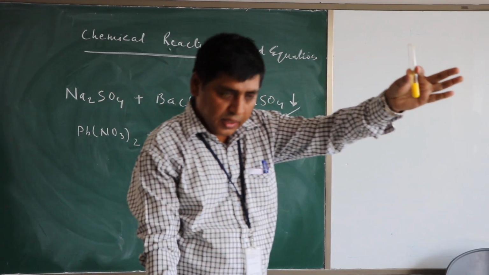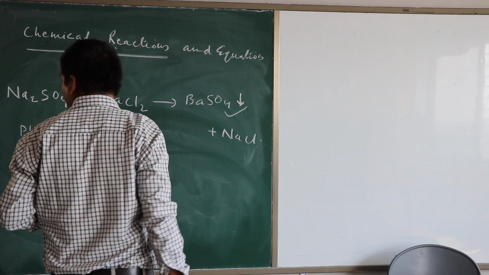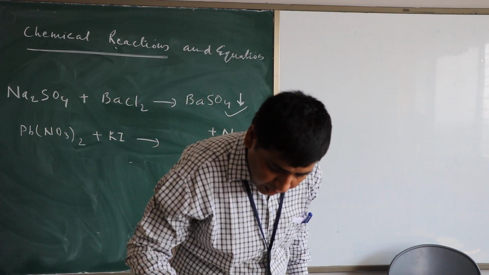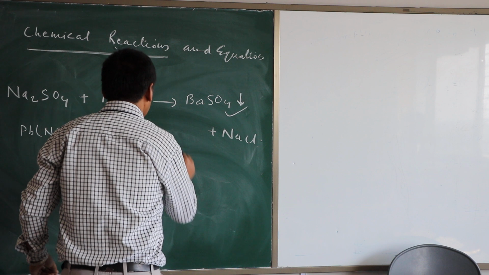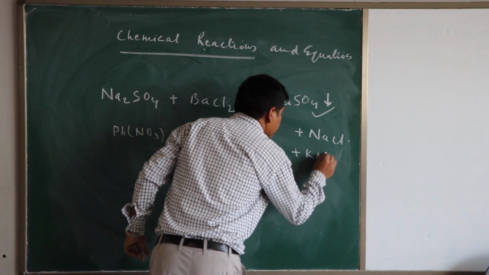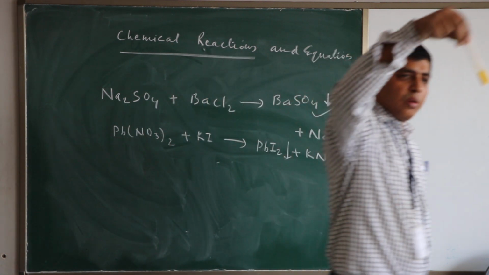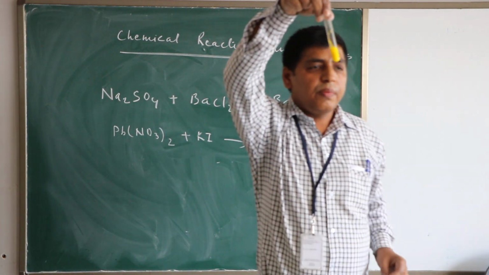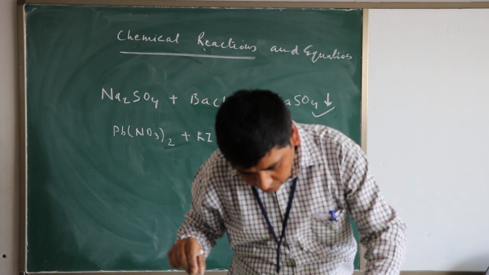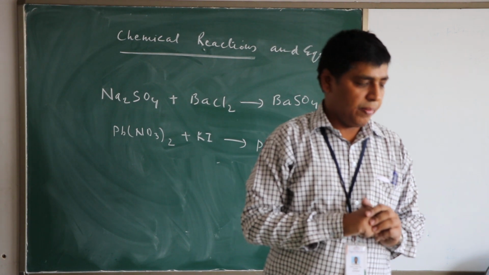We can clearly see that there is a change in color. When potassium iodide reacts with lead nitrate, the two products we get are lead iodide plus potassium nitrate. The yellow color you observe is the formation of lead iodide. So as there is a change in color, a chemical reaction has taken place.